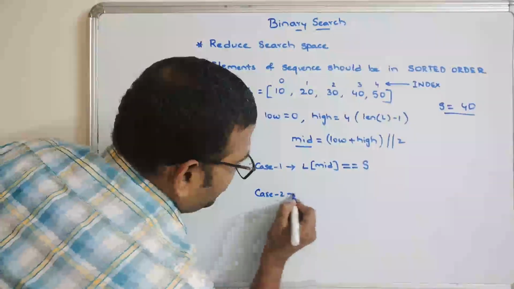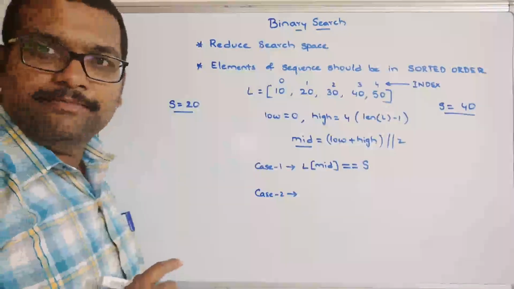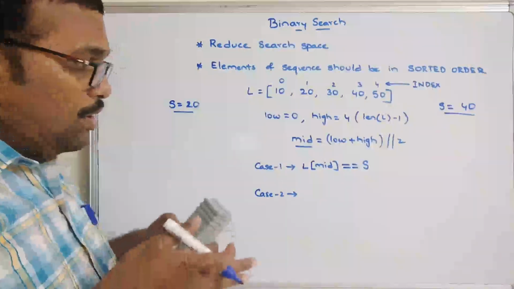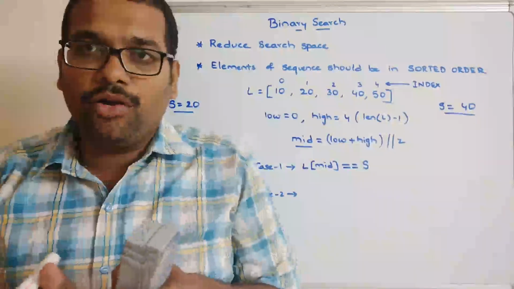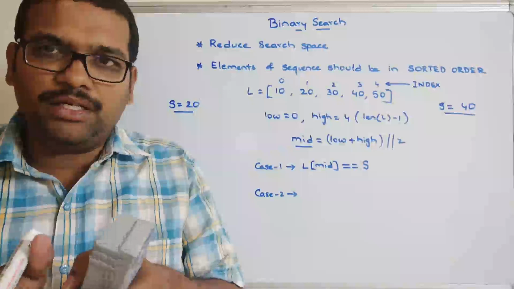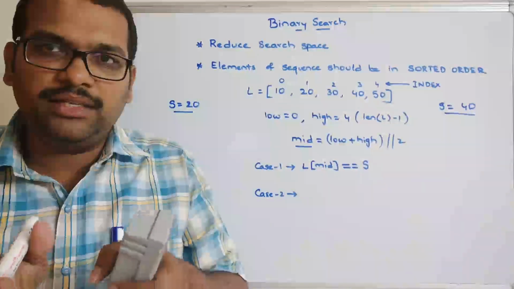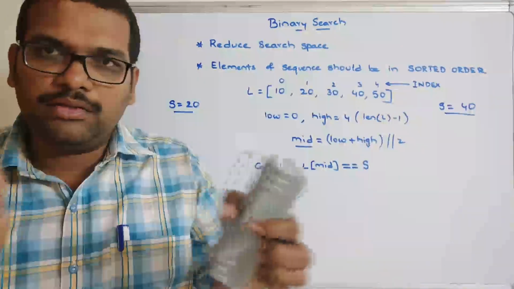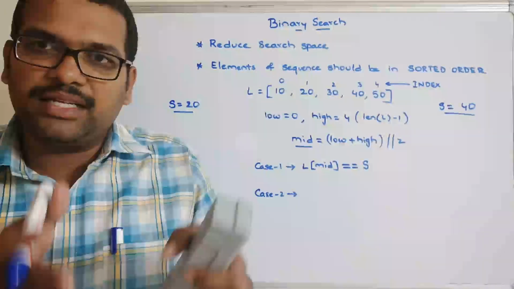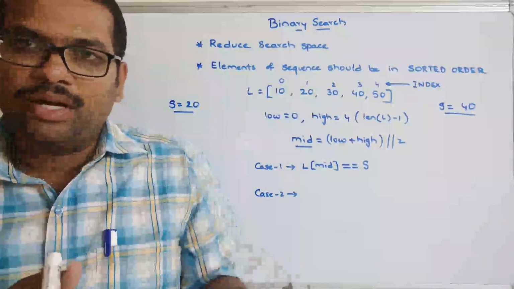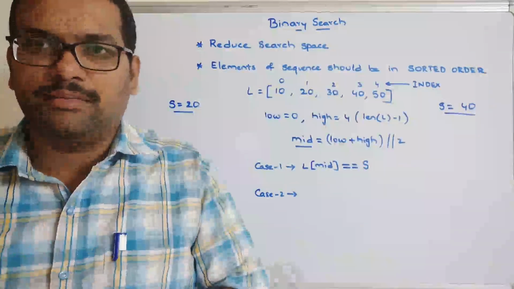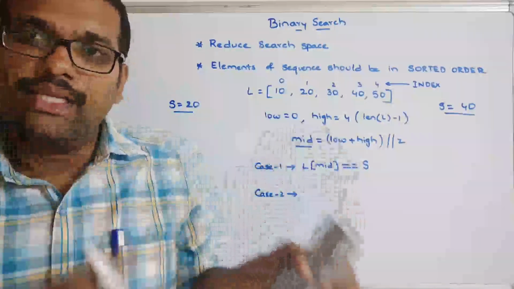Case 2. That means if it doesn't match, there are three possibilities. If you want to compare two numbers, there are three possibilities. One is both are equal. Second, the first number is less than the second number. Third, the first number is greater than the second number. So we need to find out all these cases.